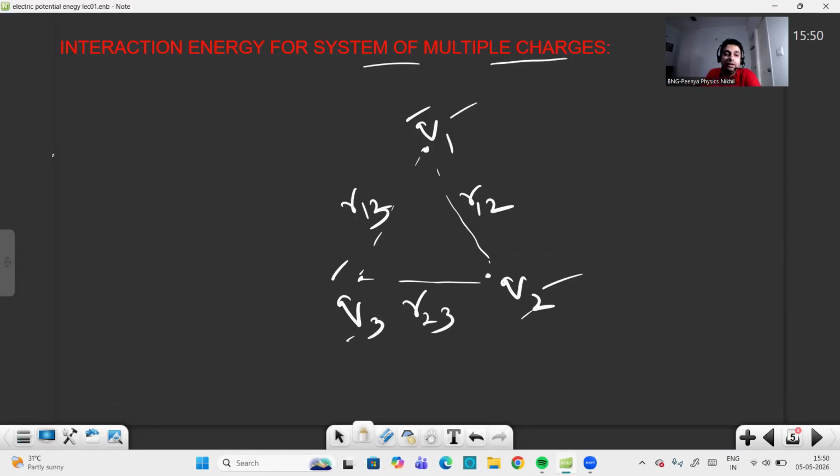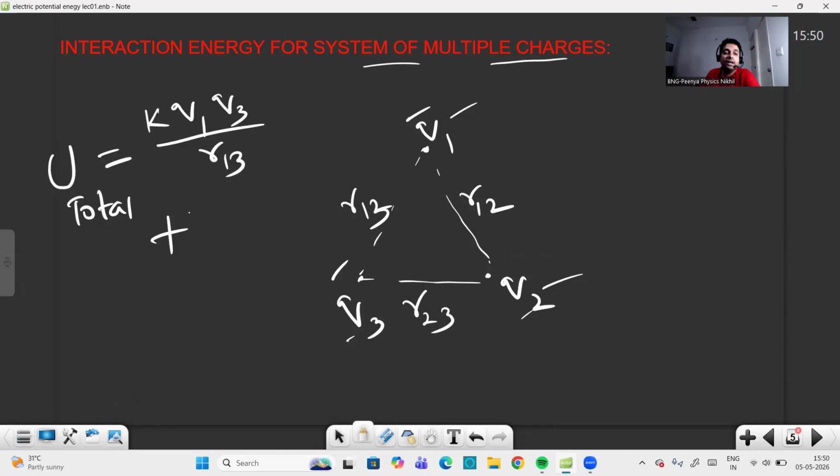So we will find the total interaction energy, U total of the system, which is K Q1 Q3 by R13, plus the next pair K Q1 Q2 by R12, plus K Q2 Q3 by R23.